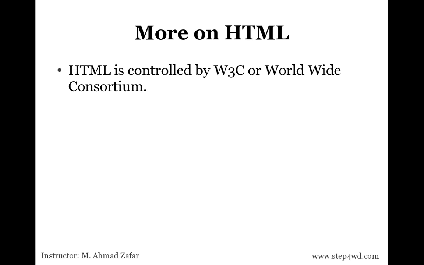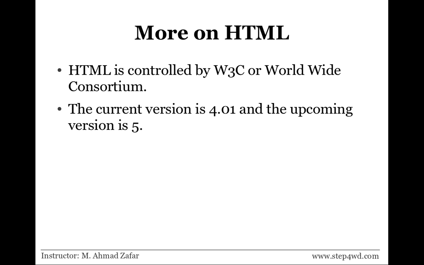HTML is basically controlled by W3C, or World Wide Web Consortium. What is a consortium? It's basically a group of companies or a group of people or developers who have joined their heads together to form the standards for HTML.